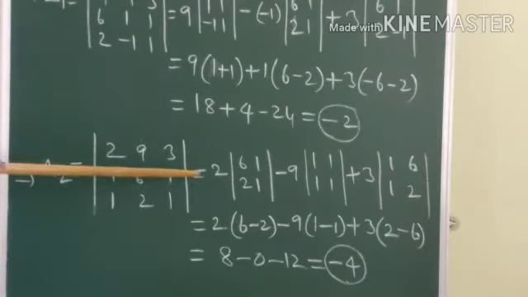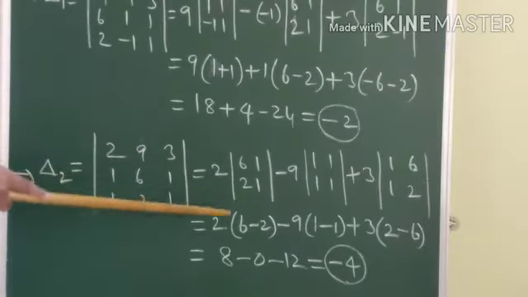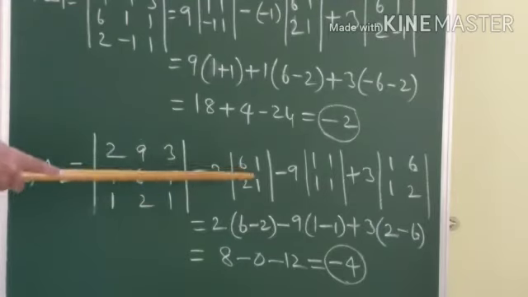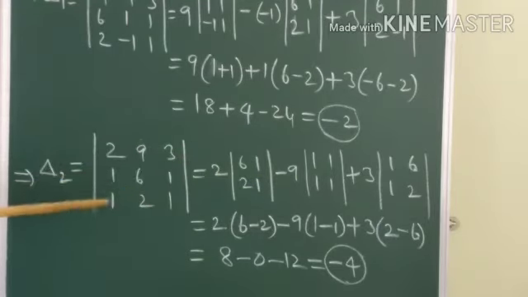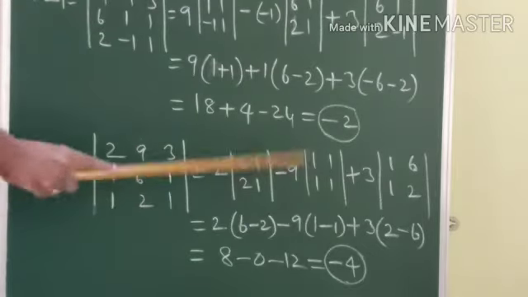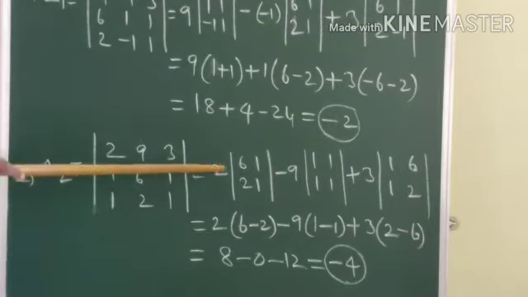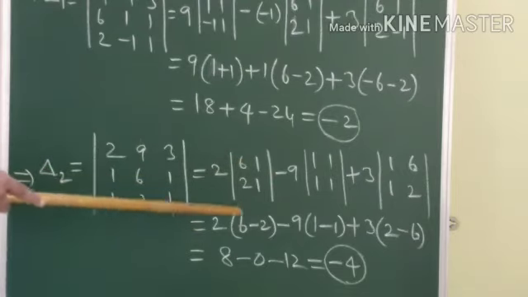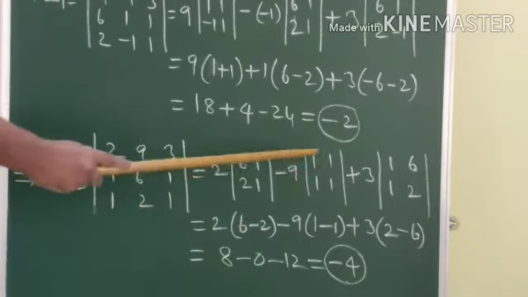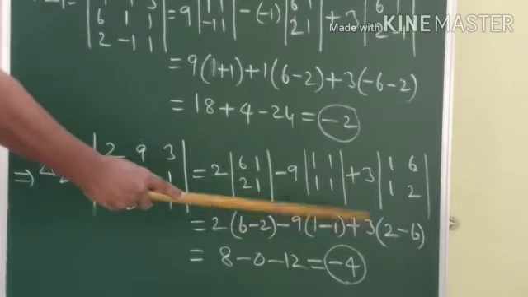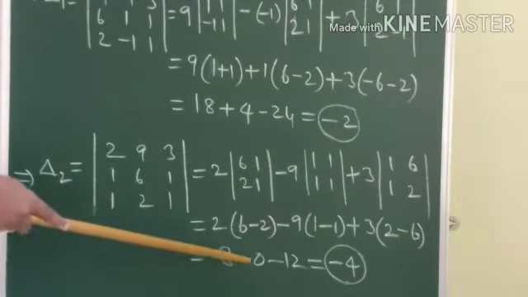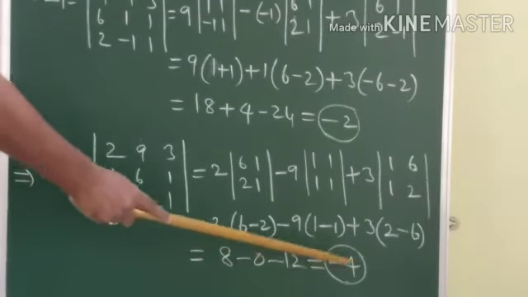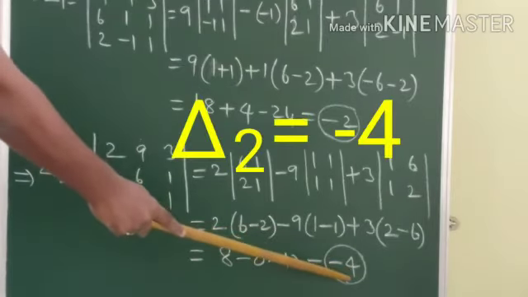So that is equal to 2 into the determinant of 6, 1, 2, 1, minus 9 into the determinant of 1, 1, 1, 1, plus 3 into the determinant of 1, 6, 1, 2. By simplification, 2 into (6 minus 2) minus 9 into (1 minus 1) plus 3 into (2 minus 6), that is equal to 8 minus 0 minus 12, which is minus 4. This is the value of delta 2.